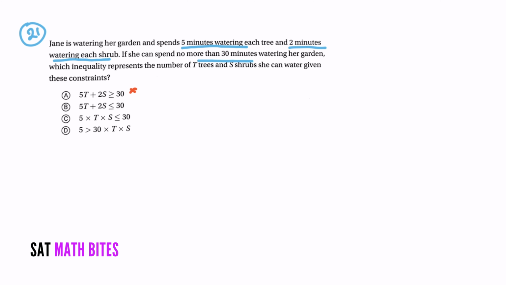She spends 5 minutes watering each tree and 2 minutes watering each shrub. And we know she can spend no more than 30 minutes, so it has to be less than or equal to 30. So the answer here would be B. Answers C and D don't really make any sense because these wouldn't be formulas to figure out the time she's spending watering the trees.